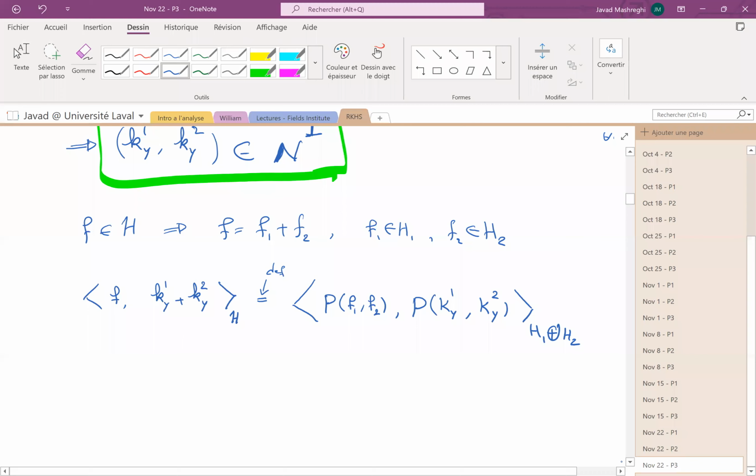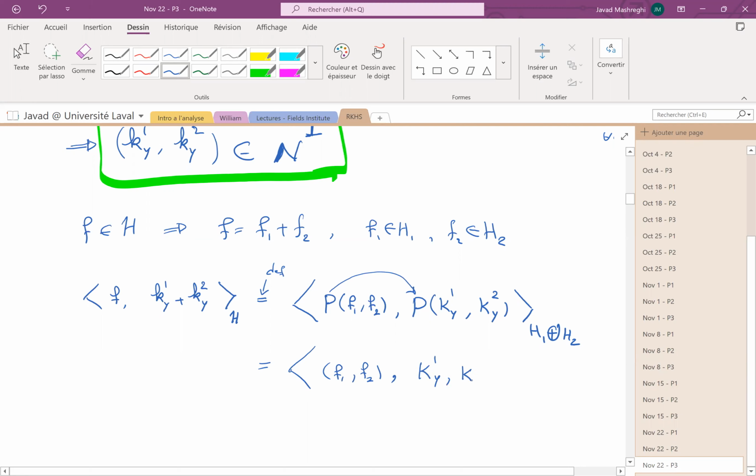We had this definition of inner product in H above. And now use the fact that P is a projection. So I can take P to the other side. It becomes P squared, but P squared is equal to P.